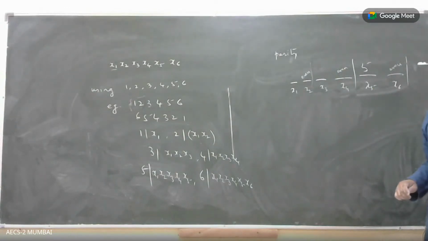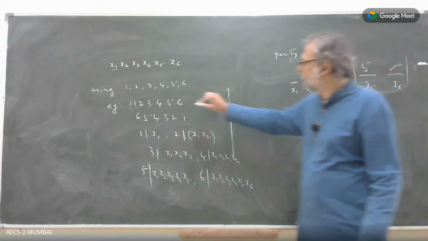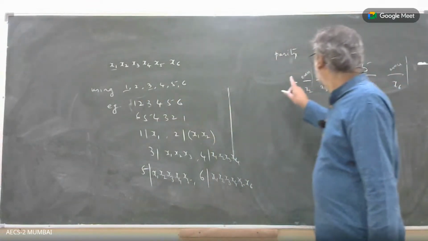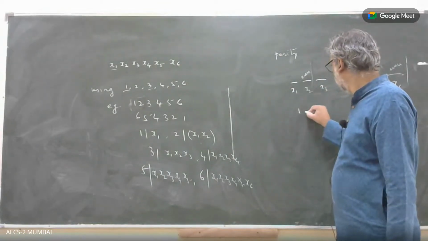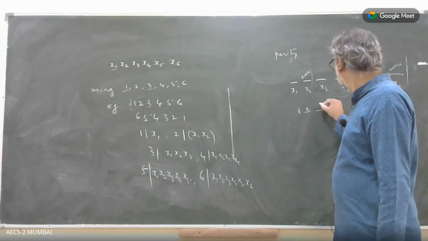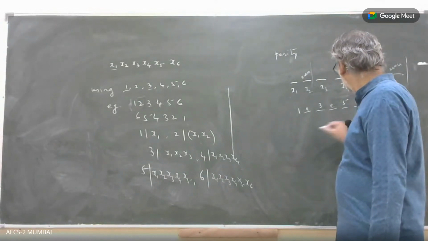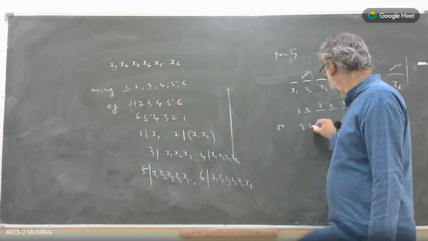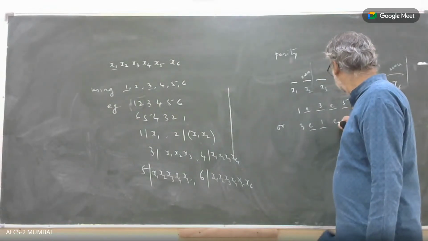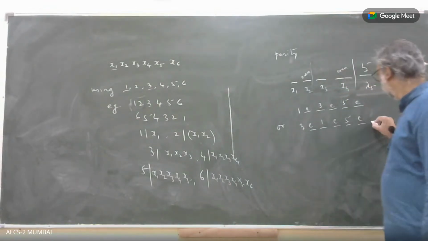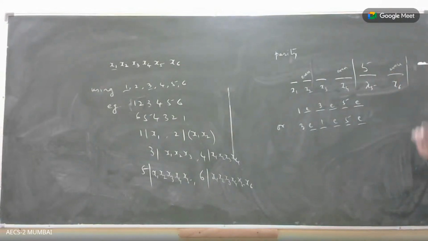So now how many odds are left? Only two, 1 and 3. So it should be either 1, even, 3, even, 5, even, or 3, even, 1, even, 5, even. So there must be only these two types, right?